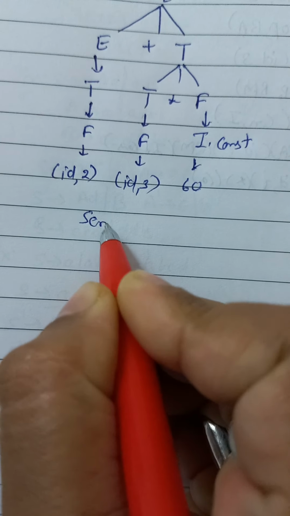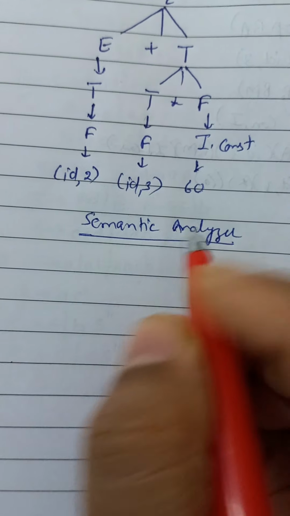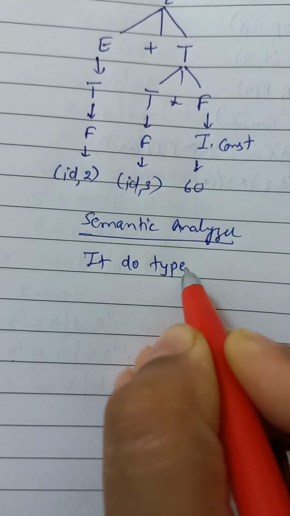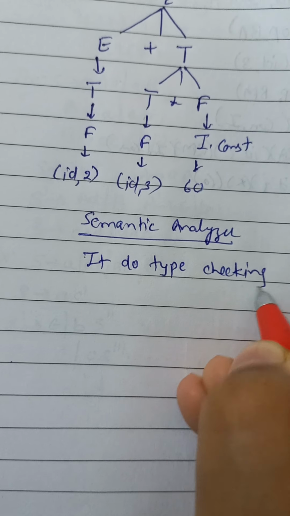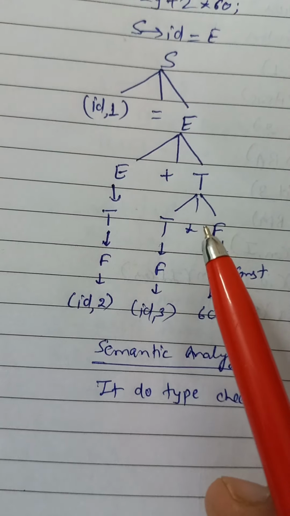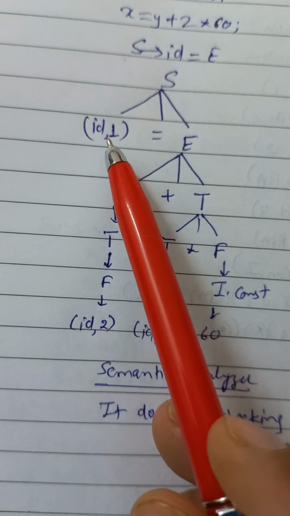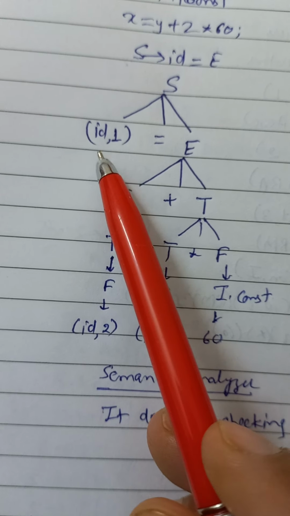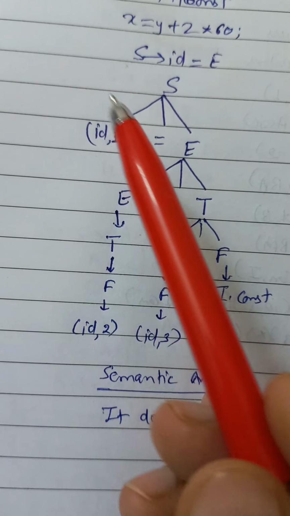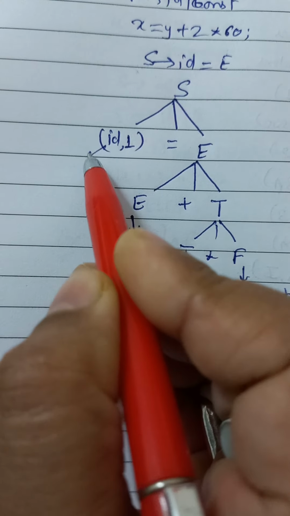The semantic analyzer does type checking. So from this grammar, it will see what the type of that identifier is. From the symbol table, it will get to know that this is of float type.